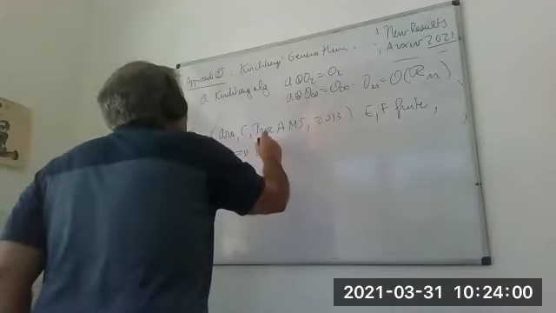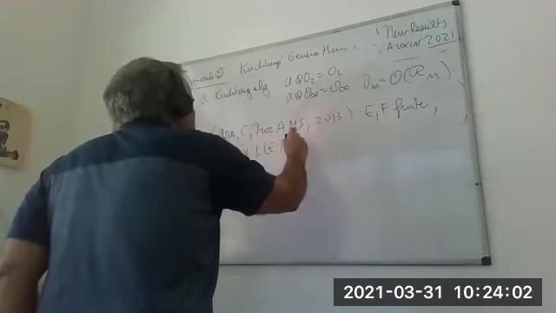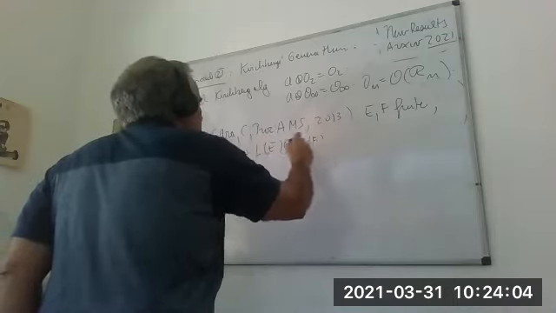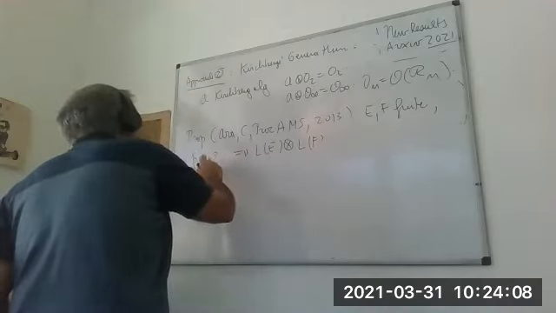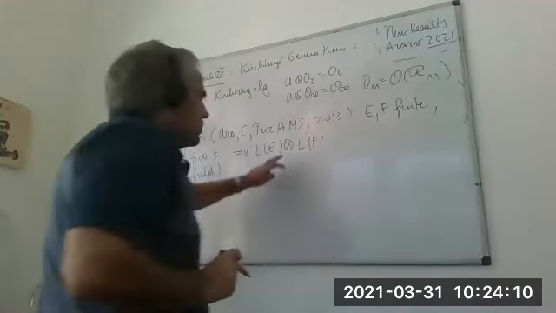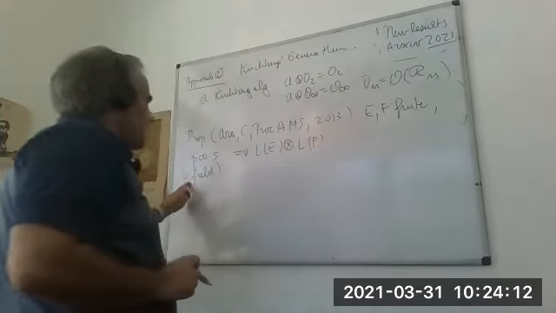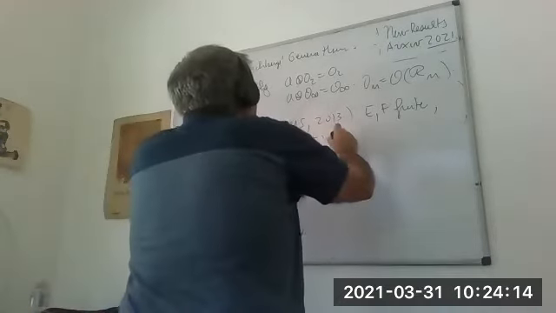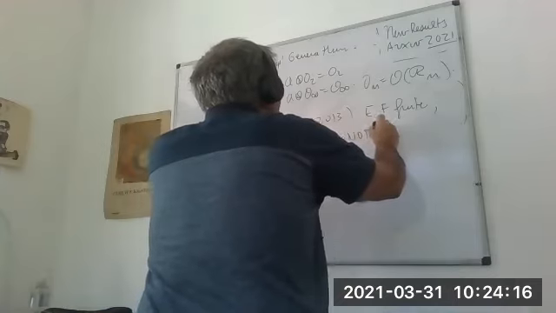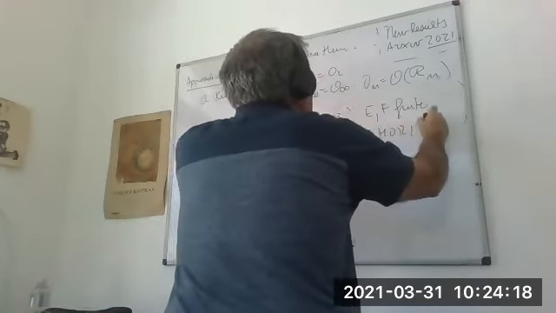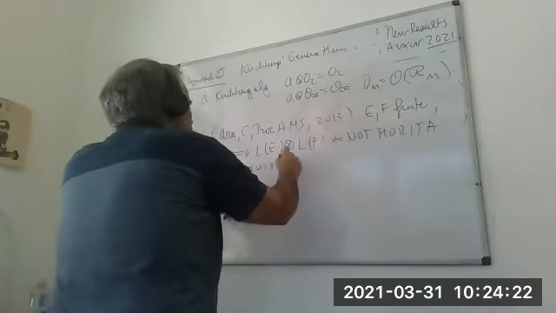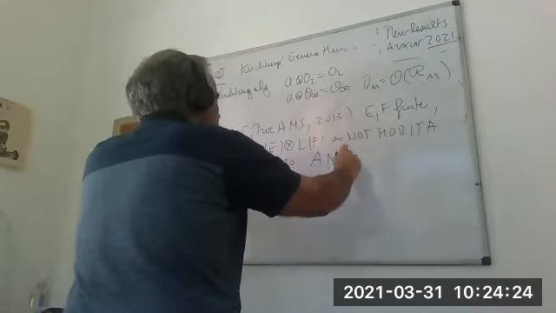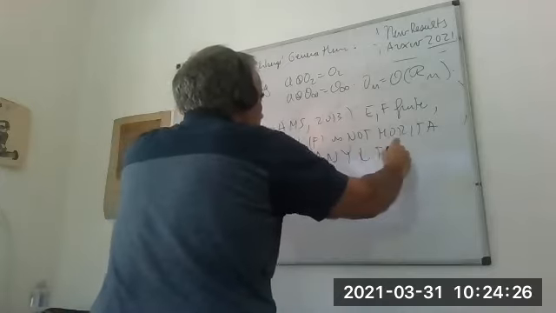Then LE tensor LF, where L is a field and the tensor is over L, is not Morita equivalent to any Leavitt path algebra.